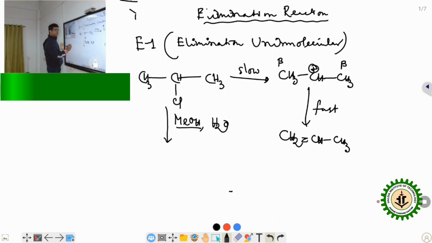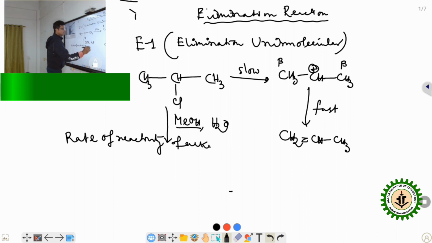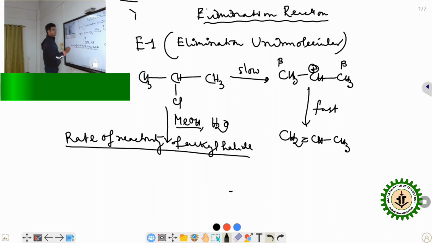Now what will be the rate of reactivity towards this reaction? Rate of reactivity of alkyl halide. Now you see that in this reaction, since the carbocation is formed as an intermediate, the rate basically depends on the stability of this carbocation.